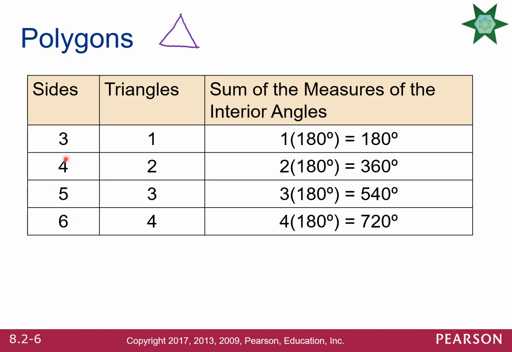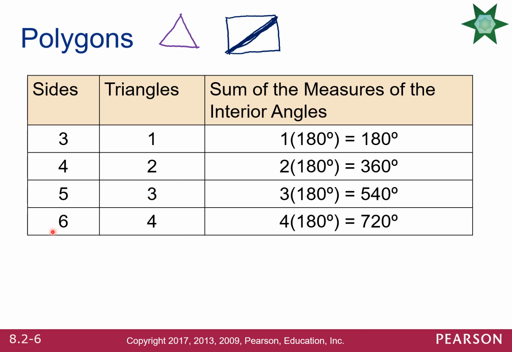Now, for a 4-sided figure, for example, a square or a rectangle, let me draw this 4-sided figure. This can be divided into 2 triangles. All right. So there are 2 triangles in a square. Likewise, a 5-sided pentagon can be divided into 3 triangles.